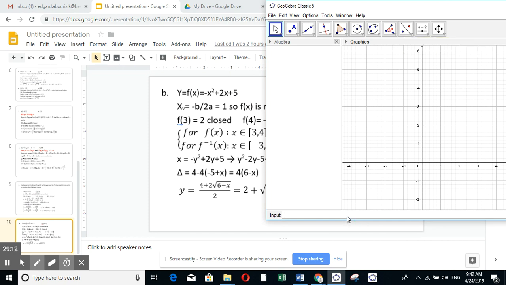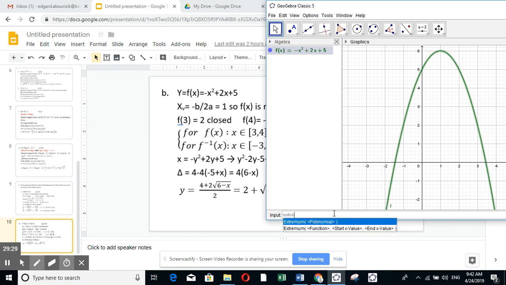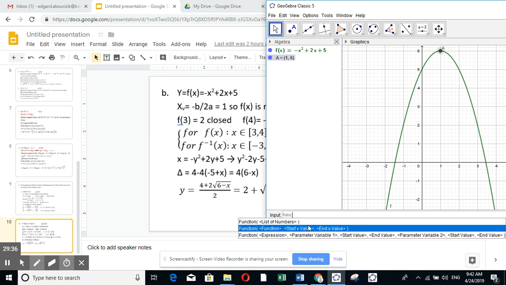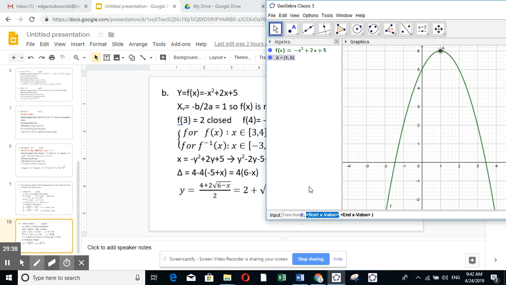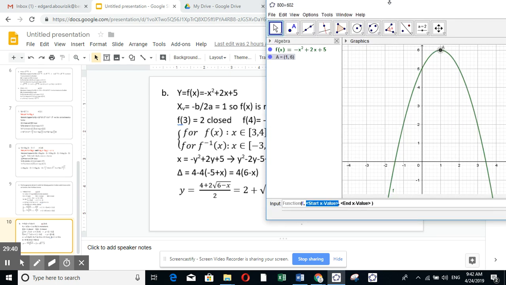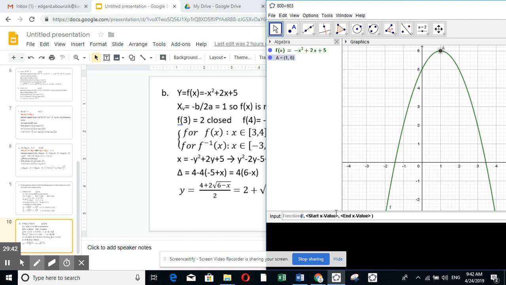So here you have f of x equal minus x squared plus 2x plus 5. And the vertex extremum here, as you can see, of the polynomial f, this is the extremum. I want function domain is given f from 3 till 4.